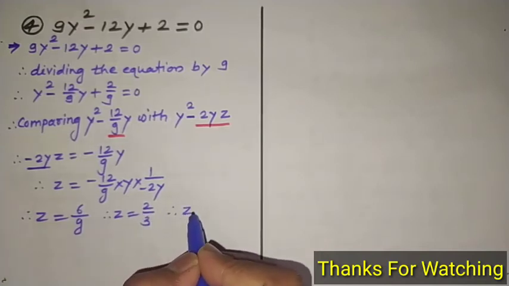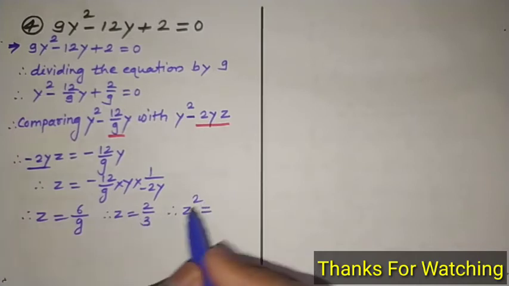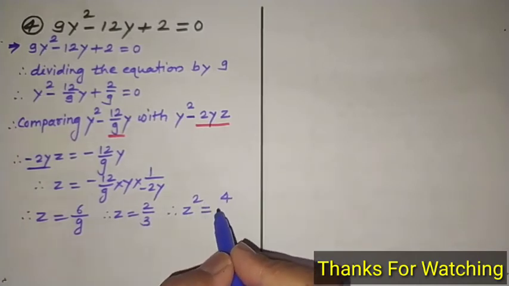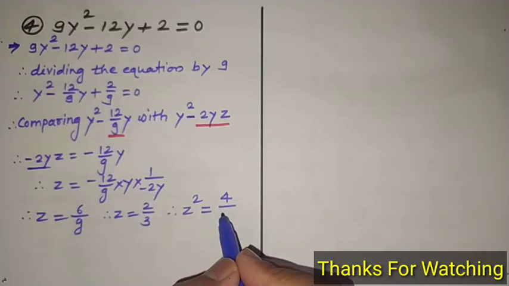Therefore z square is equal to square of 2, which is 4, and square of 3, which is 9.